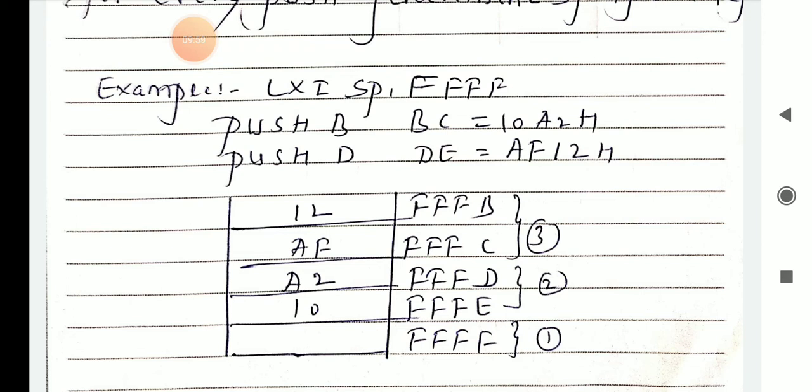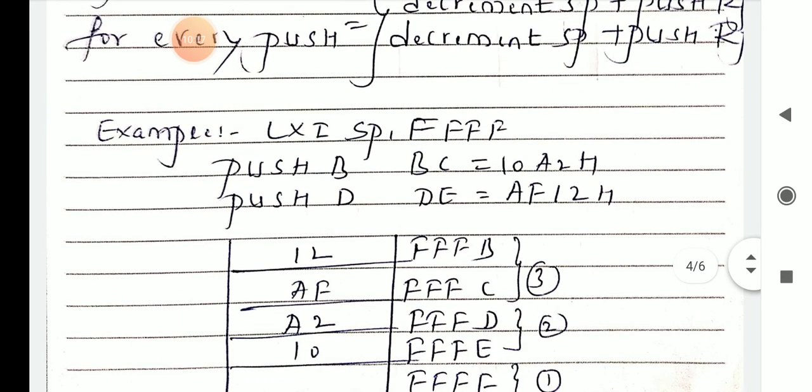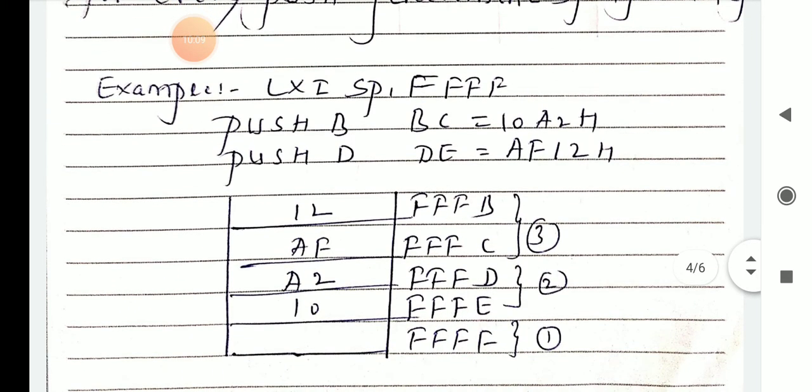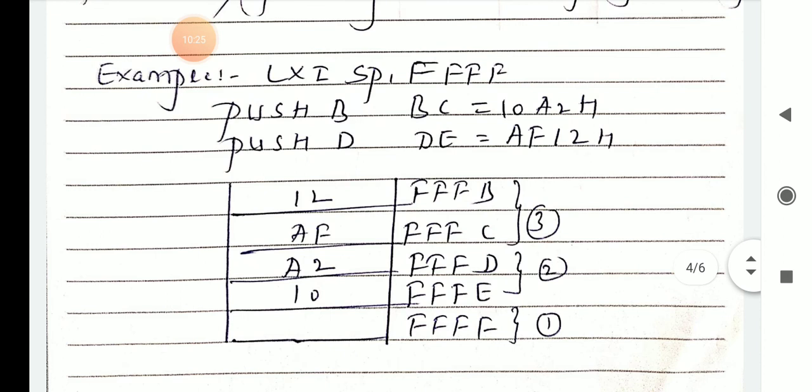Next, in the same way you can take PUSH D. For register D you can assume the value AF12H. In the same way, first decrement the stack pointer. What is the decrement? Again FFFC. First is FFFE, FFFD, then FFFC. Then write the push of the high bit, that is AF.